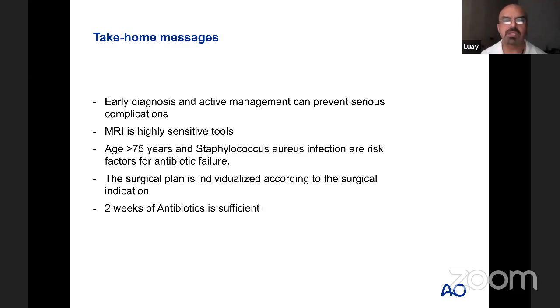MRI in early stages is a highly sensitive tool to diagnose discitis. Old age, especially over 75 years, and the presence of germs like Staphylococcus aureus are risk factors for antibiotic failure. The surgery plan is individualized according to the surgical indication, and 6 weeks of antibiotics is sufficient to cure the disease.